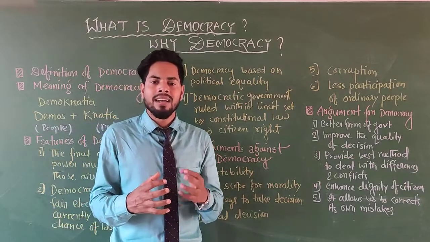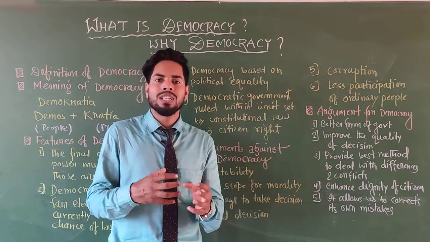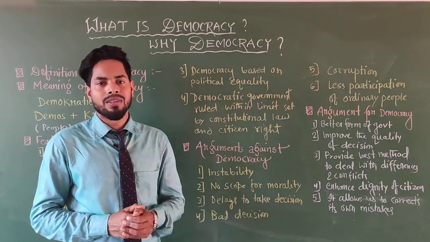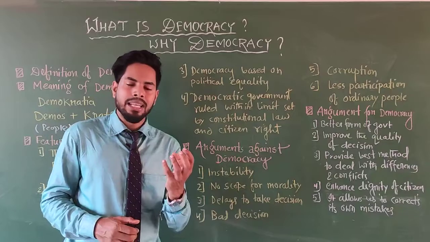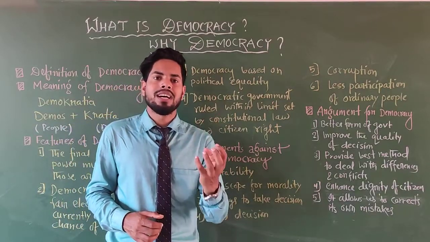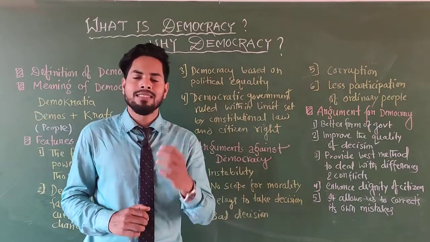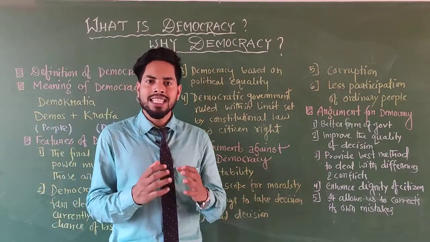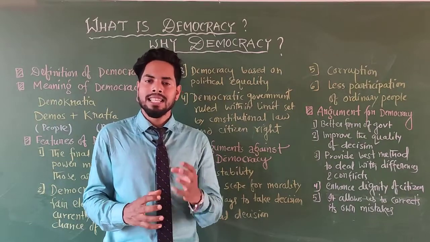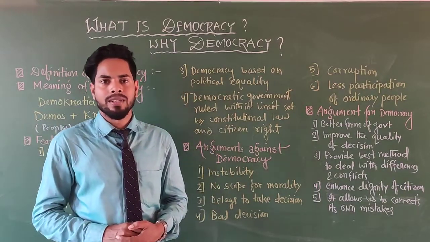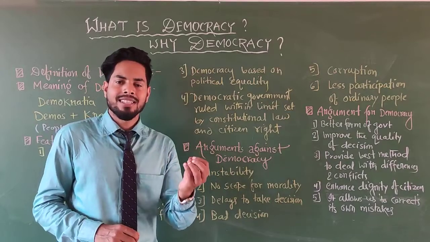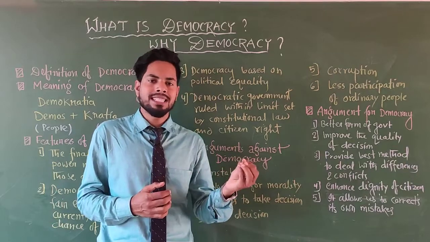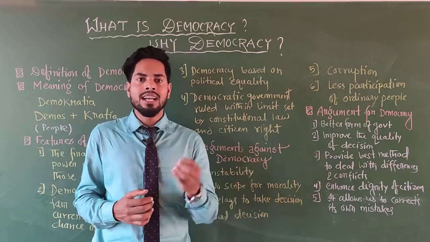That means each and every citizen above 18 years has an equal right to vote. That means democratic government promotes universal adult franchise. Universal adult franchise means each and every citizen above 18 years has an equal right to vote regardless of caste, religion, or economic background, whether rich or poor, educated or uneducated.